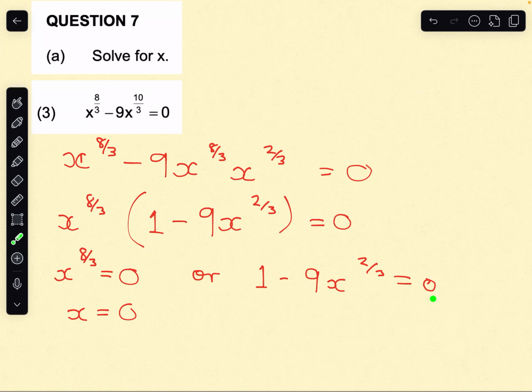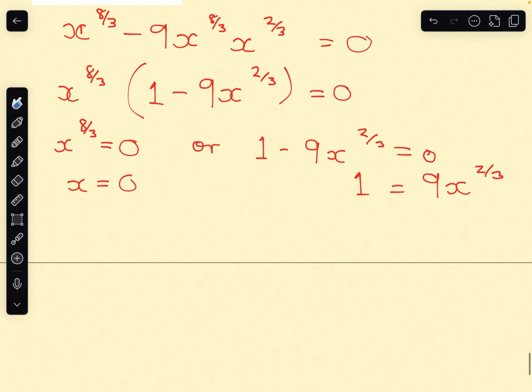Then over here, maybe let me keep this guy on this side and move this guy here, and then let's divide both sides by 9. So then x to the power of 2 over 3 is equal to 1 over 9.